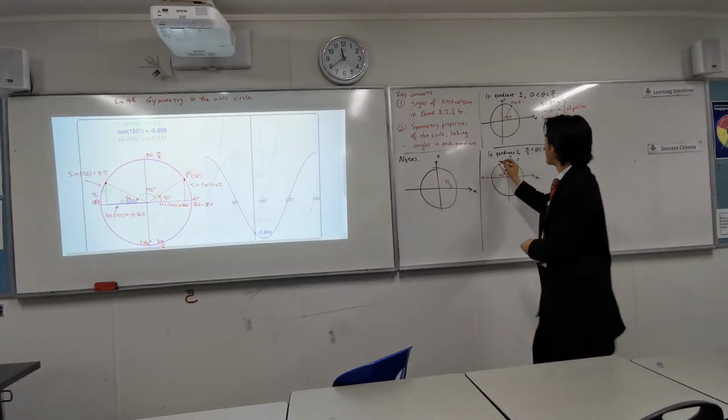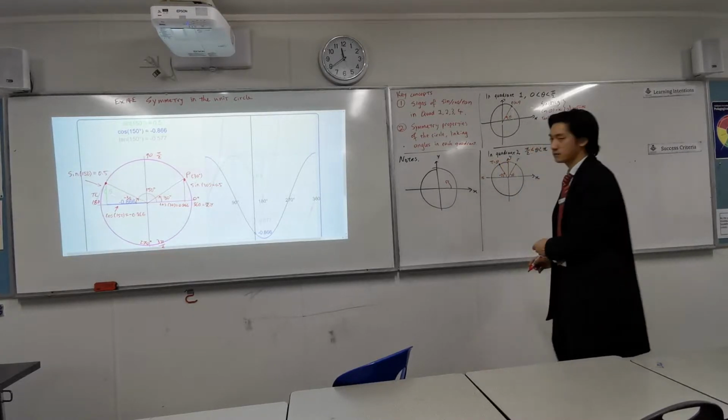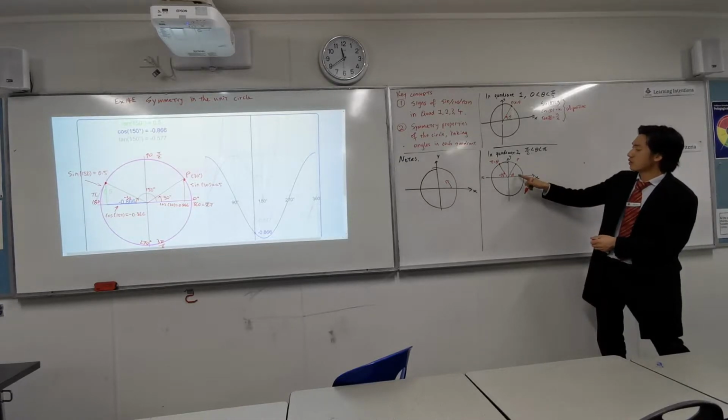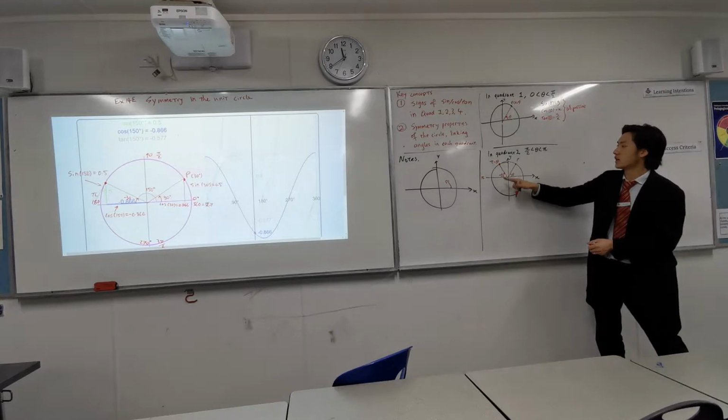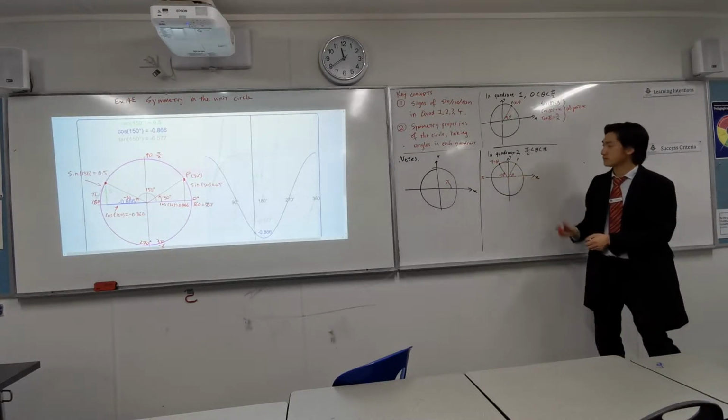Now this angle up here would be pi minus theta. So in other words, the corresponding angle to theta in quadrant 1 would be pi minus theta in quadrant 2. These two angles would make symmetry.